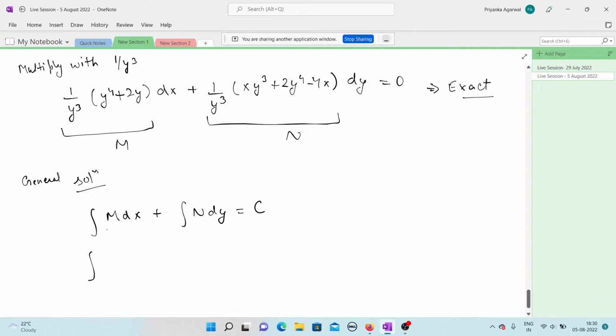So this will be y plus 2 over y square dx plus integral of x plus 2y, and those terms which contain x we need not consider.